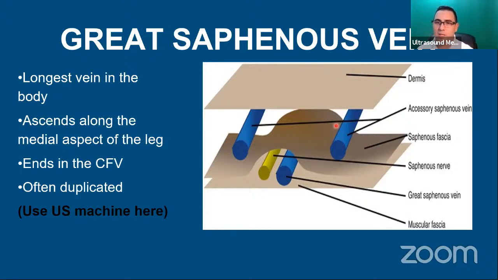Sometimes they're so small, sometimes the anatomy is a little bit crazy. Sometimes the patient has a previous ablation and the saphenous vein is interrupted, and you see something like this and you think it's the main saphenous vein, and it is not. So I'm going to show you this anatomy real quick with the machine, so you have an idea of how it looks.